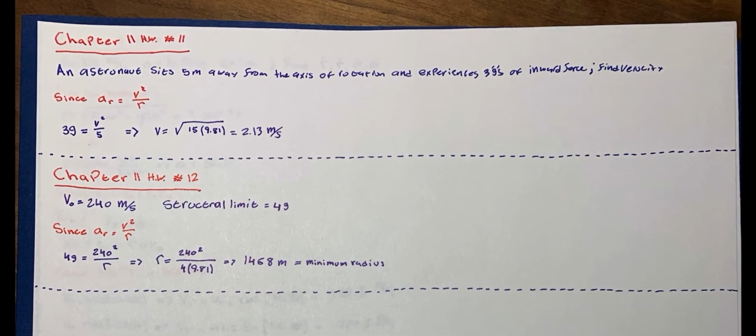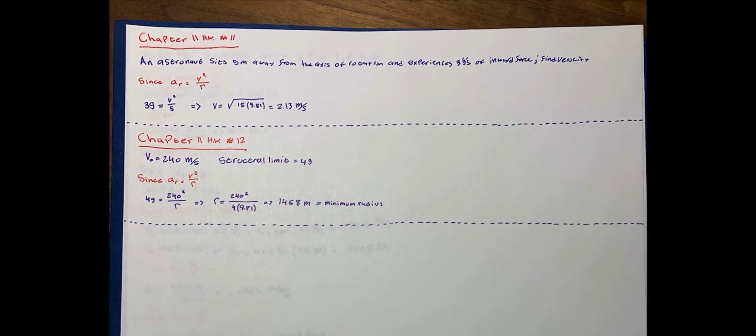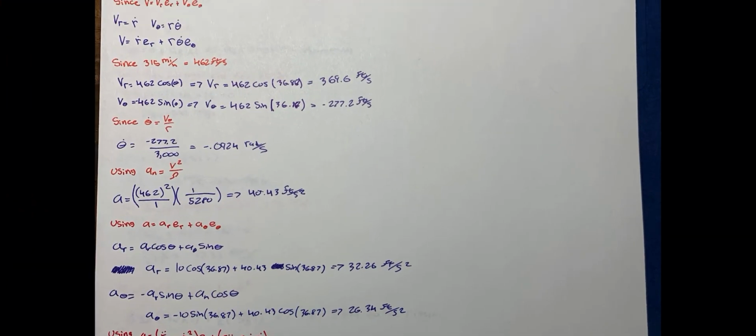It's pretty simple. So 11 is 2.13 meters per second, and 12 is 1,468 meter radius, minimum radius.